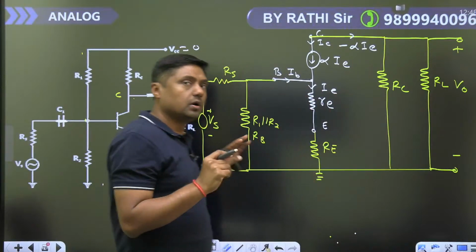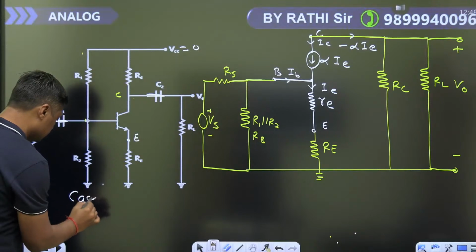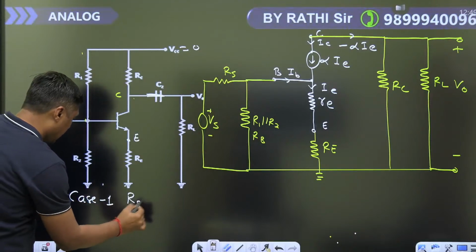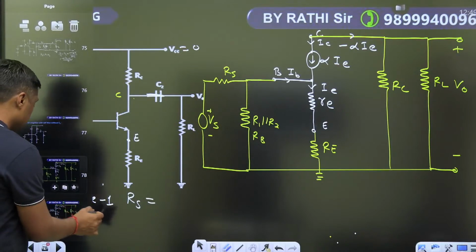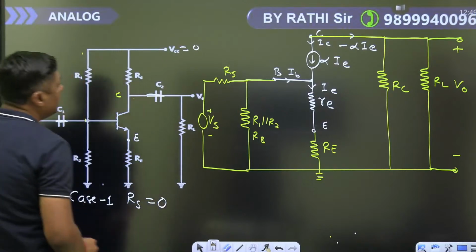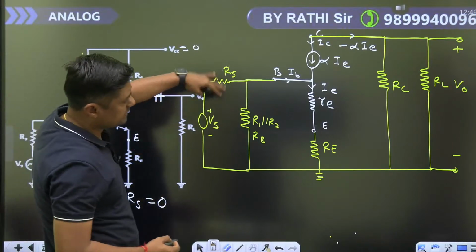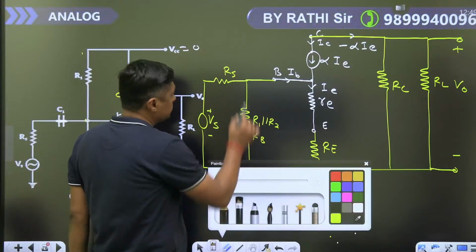If RS is not there, for example, in 99% of cases in the GATE exam RS will be 0. If RS is 0, there is no RS, then this is a short circuit.